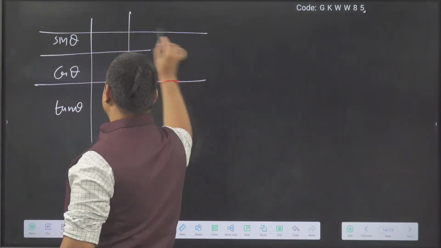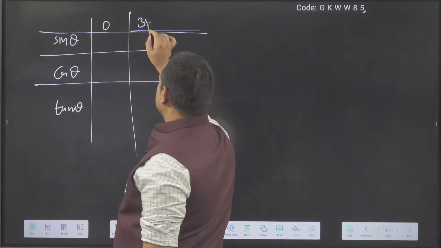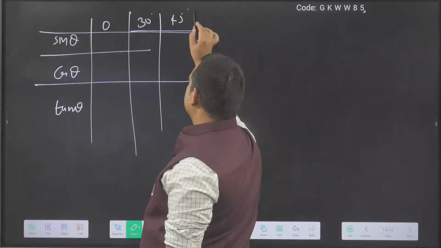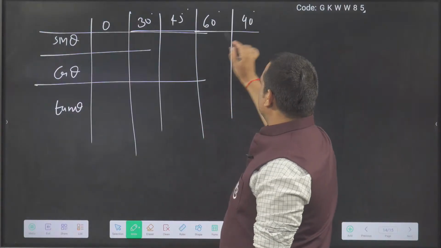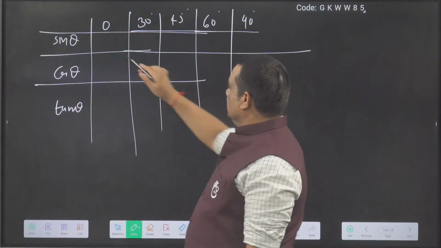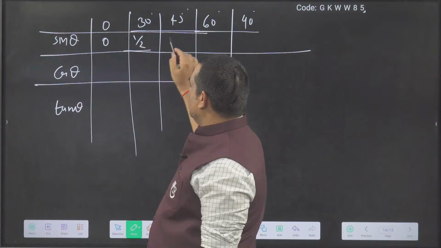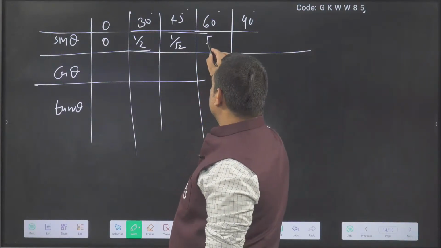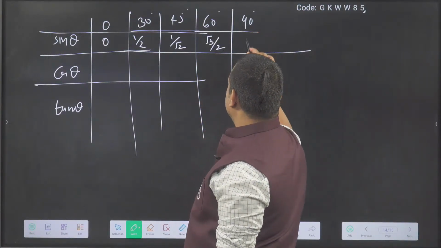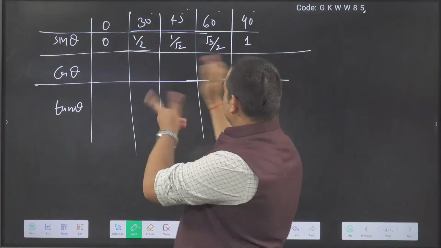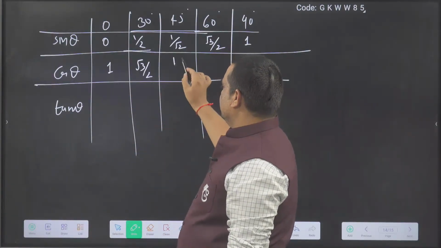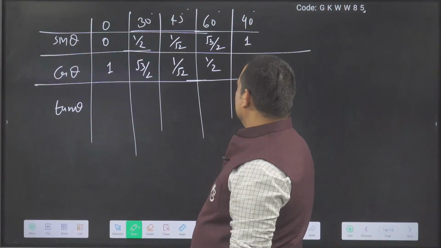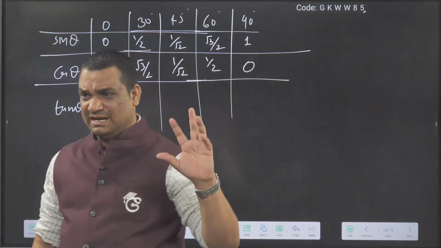So these values everyone knows: 0, 30, 45, 60, then 90. In sine, this is 0, then half, 1 by root 2, root 3 by 2, then 1. Cos, you can just reverse it: 1, root 3 by 2, 1 by root 2, 1 by 2, and 0. I think we are clear.